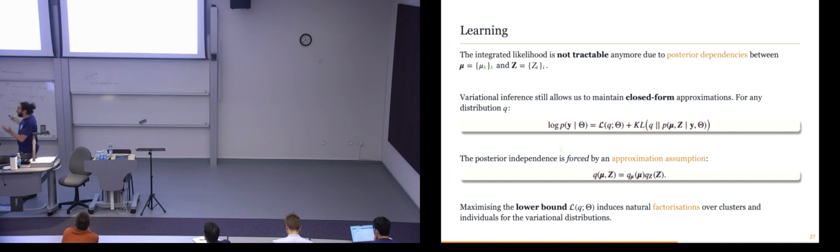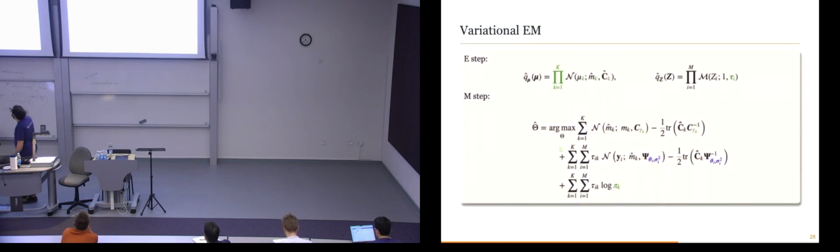But what you win for free is a natural factorization over the clusters and the individuals, just like that. It will give you that the distribution over all clusters is a product over the clusters of Gaussian distributions. And those posteriors have exactly the same form as what we had with the previous approach with one cluster.